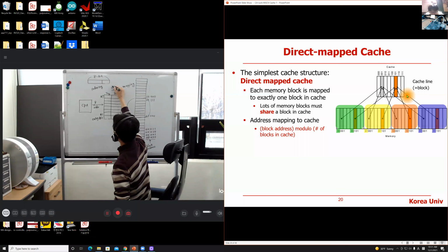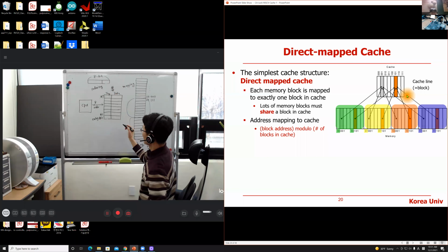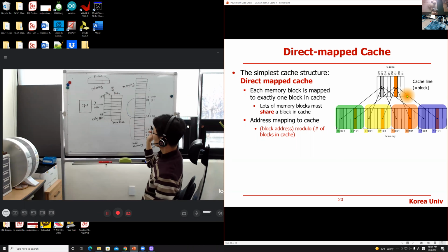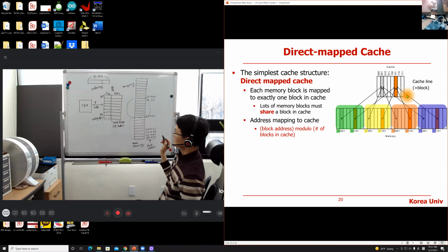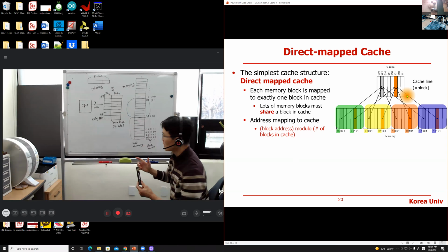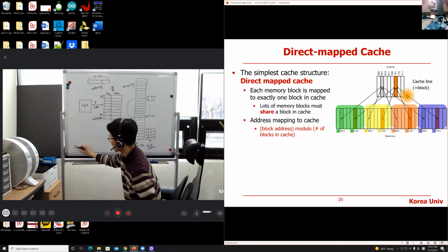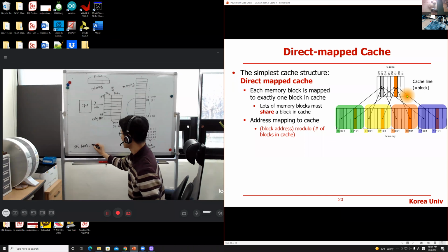Cache, and this is cache line. Here we are assuming an 8-byte cache line, okay, for simplicity. But in reality, Intel x86 uses a 64-byte cache line.